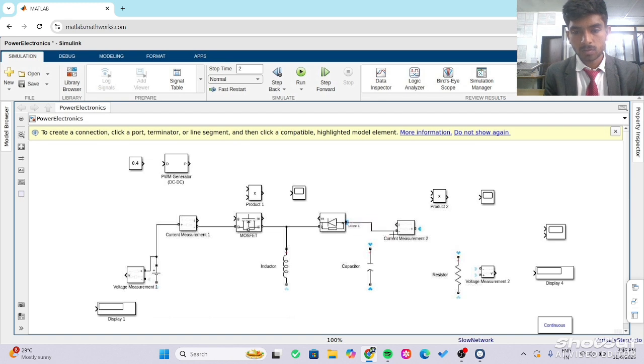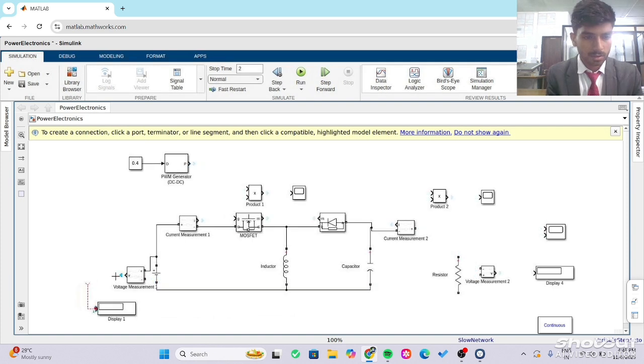On the load side, we again connect a current measurement in series with the load. Connect the display to the voltmeter. Then connect the PWM generator to the MOSFET.